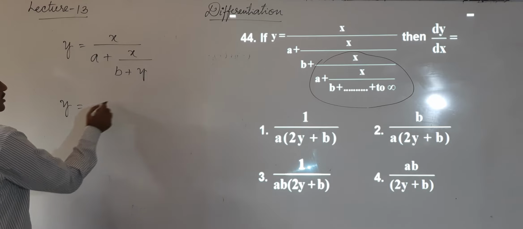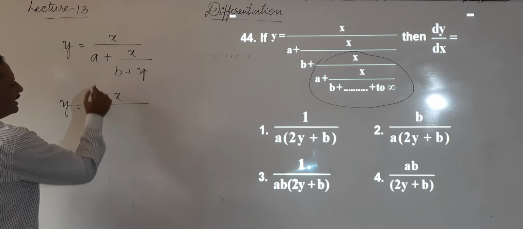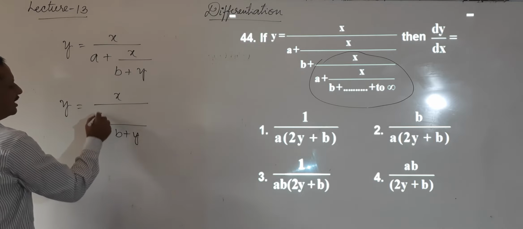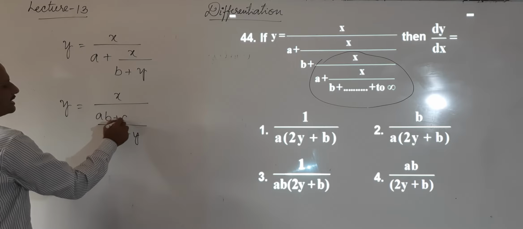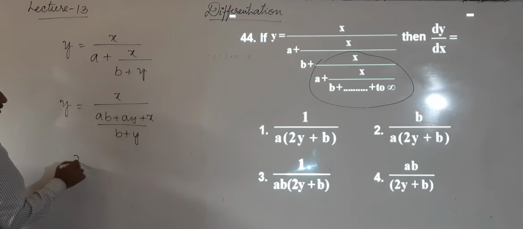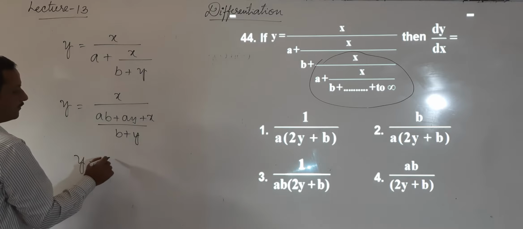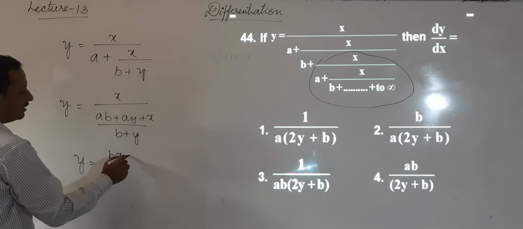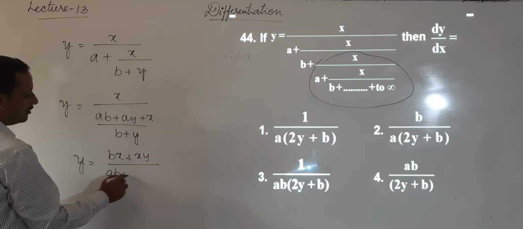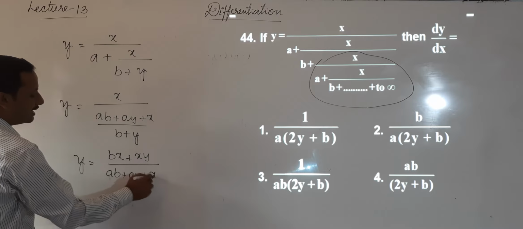So y is equal to x by, take LCM here, LCM is b plus y. This numerator will become ab plus ay plus x. This will go up. So y is equal to x into b plus y, I can write that as bx plus xy divided by ab plus ay plus x.